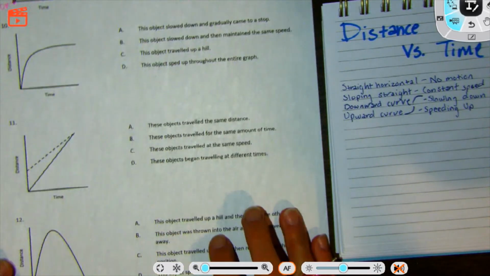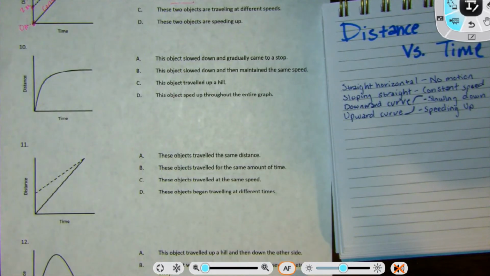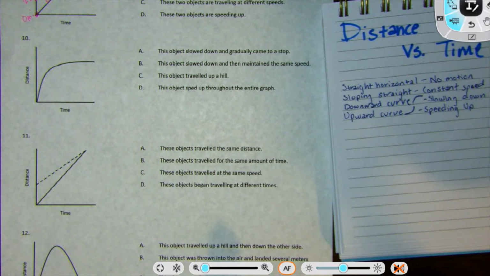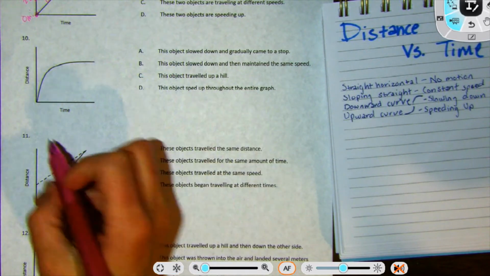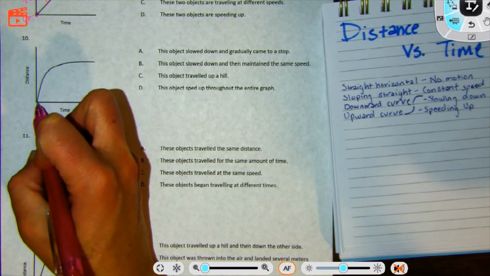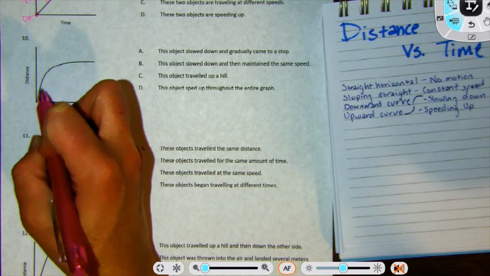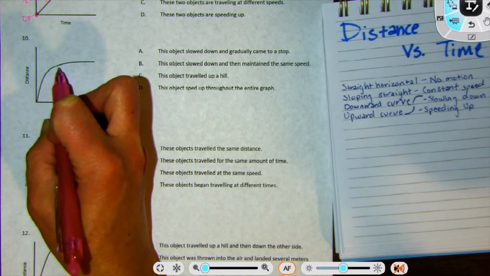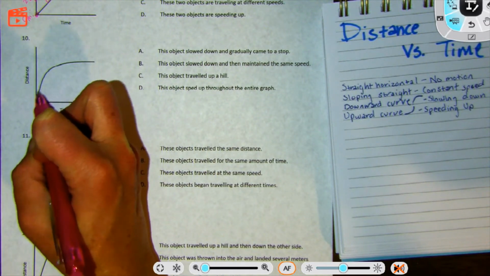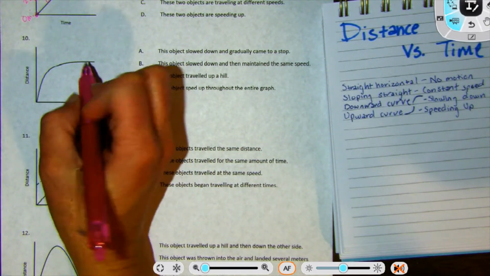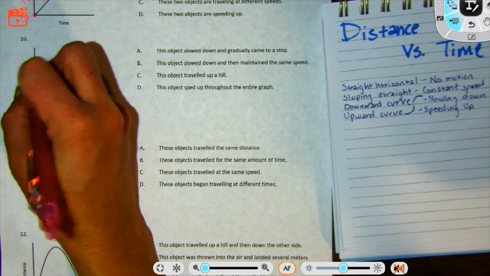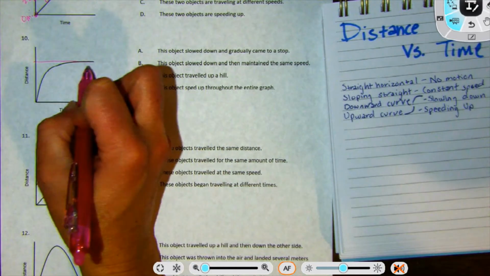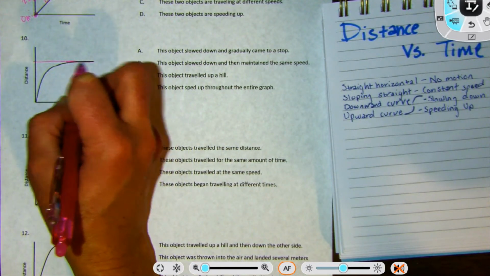Number 10. Okay, we have another one of our curves here. Our curve is going down. And look, whenever you look at this curve, so it's going down, so we know it's slowing down, right? That shape in that curve means that it's slowing down. But look at what it does. If I draw a line ever so perfectly, it goes straight there. And what does a straight line mean?